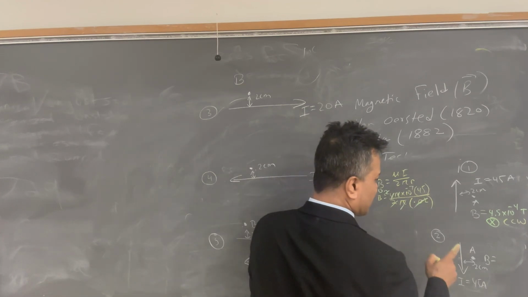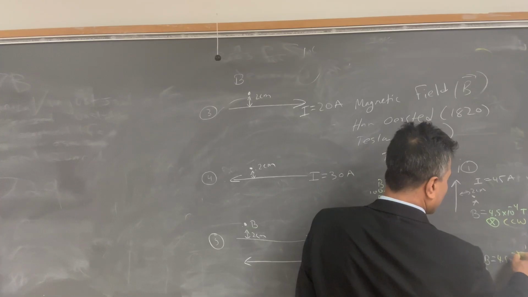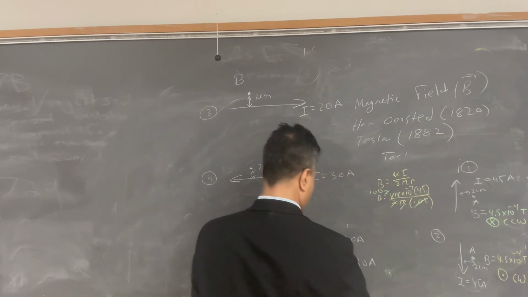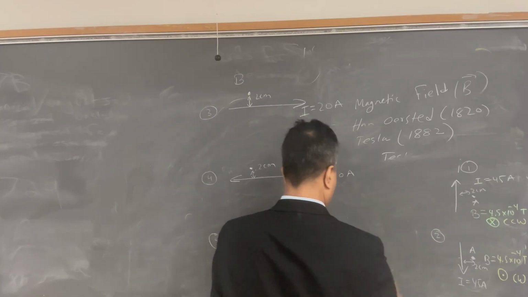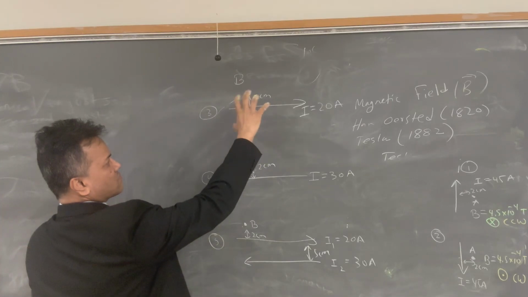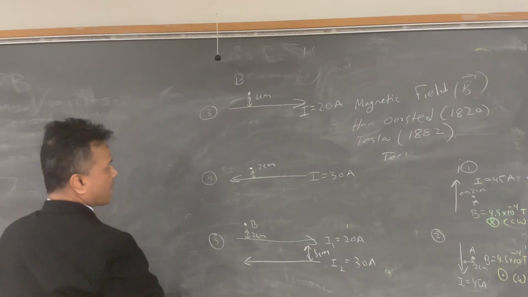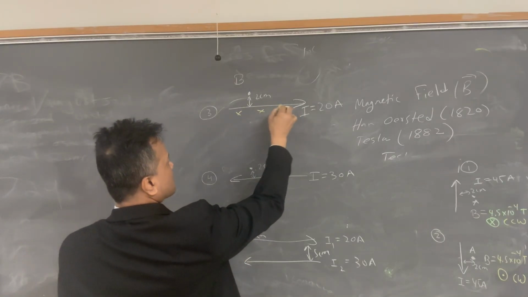This is exactly going to be the same, 4.5 times 10 raised to negative 4 tesla, but out of the page, or clockwise. For the next one, this is the direction of the current. So this is enter, this is exit.